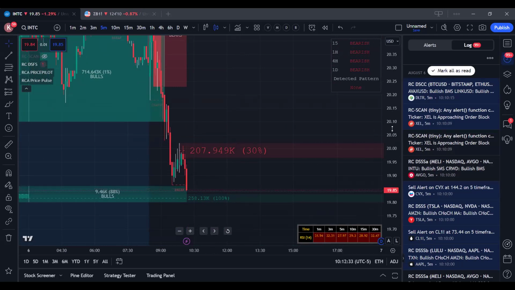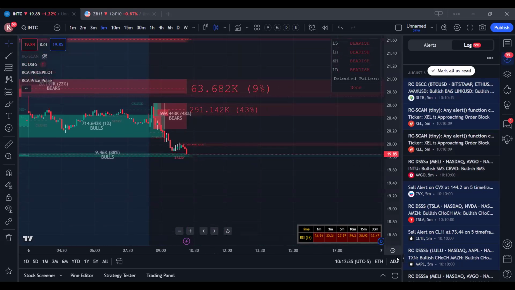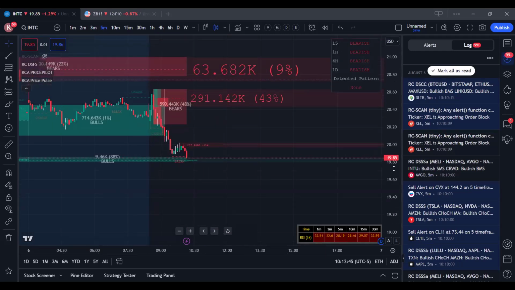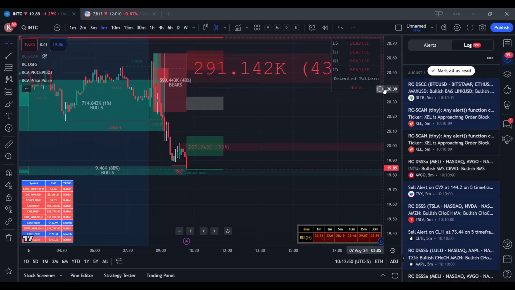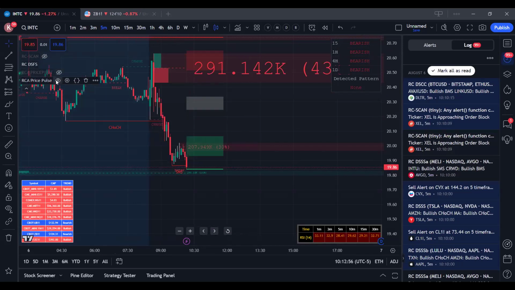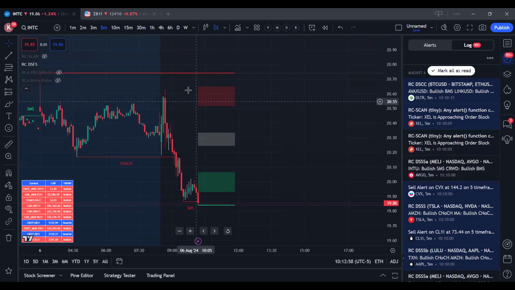Overall, I mean, it came to the bottom, right? If I disable everything, you can see that it is at the bottom.